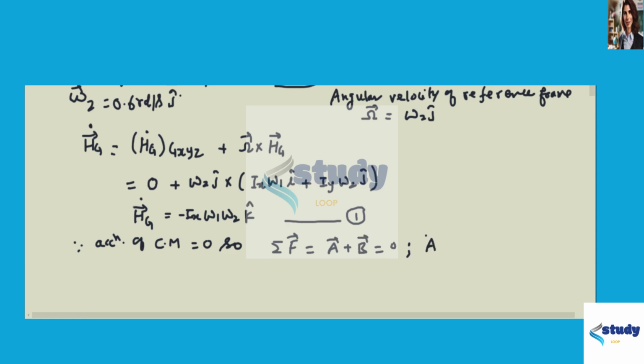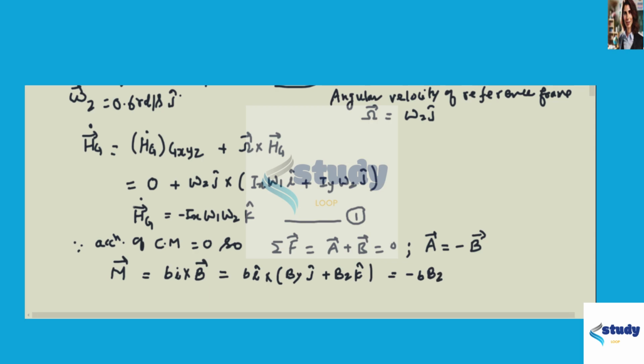So the dynamic reaction at A is equal and opposite to the dynamic reaction at B. Now the couple you can find: V i cross the dynamic reaction at B, which could be written as Vy J cap plus Vz K cap. If we calculate the value, you will get minus V Vz J cap plus V Vy K cap.